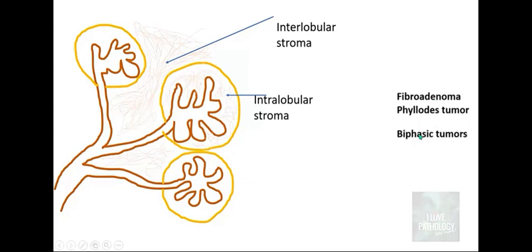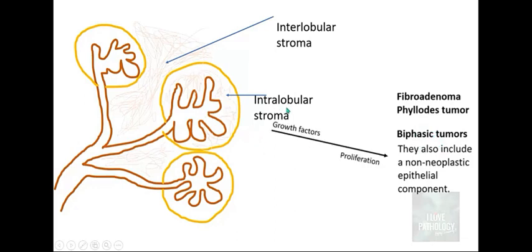Okay, they are also referred to as biphasic tumors. That's because they also include a non-neoplastic epithelial component. You have a stroma and then the epithelial component, which is tightly intermingled, right? So the tumor includes a part of non-neoplastic epithelial component, and that's the reason why they are referred to as biphasic tumors.